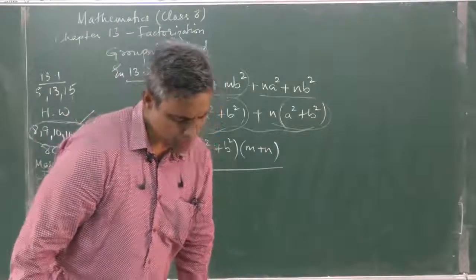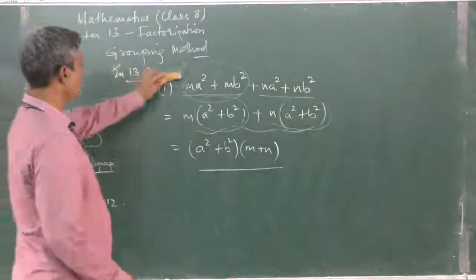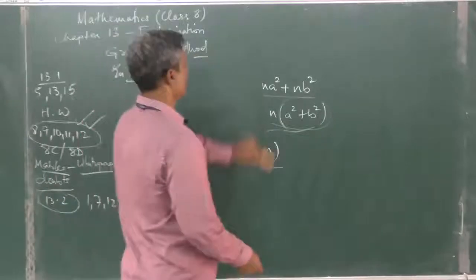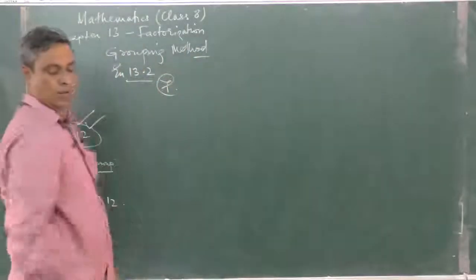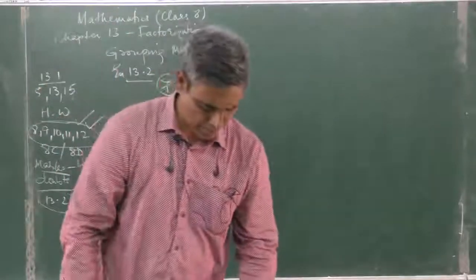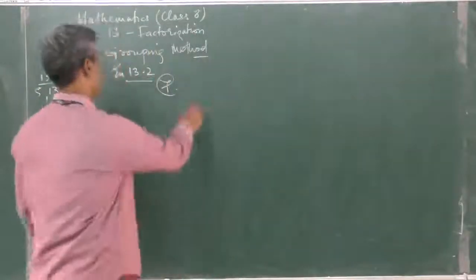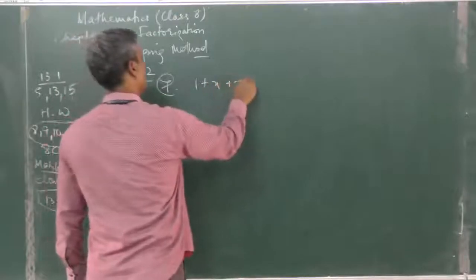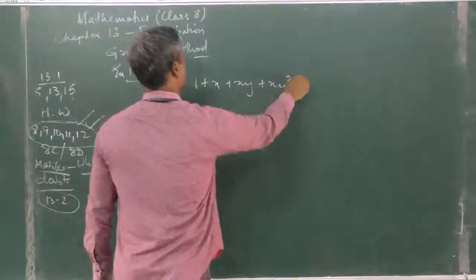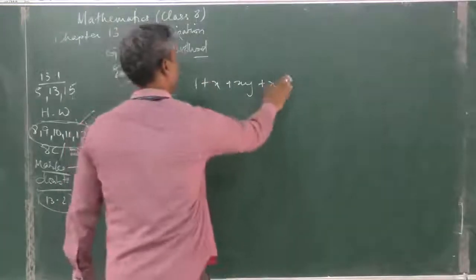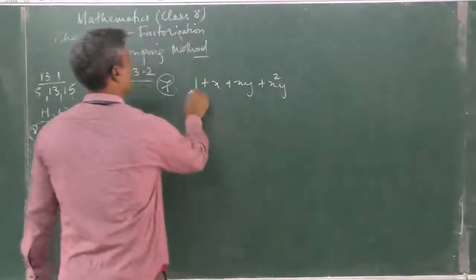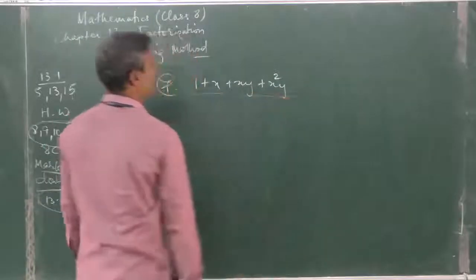Next question, question 7. What does question 7 tell us? 1 plus x plus xy plus xy square, x square y. This is the question. Now again we break it up into groups.